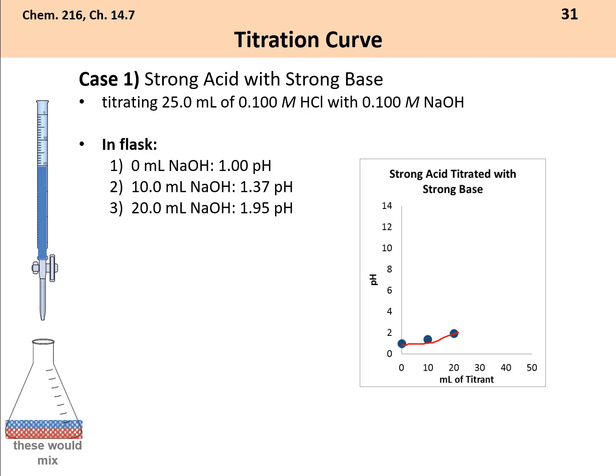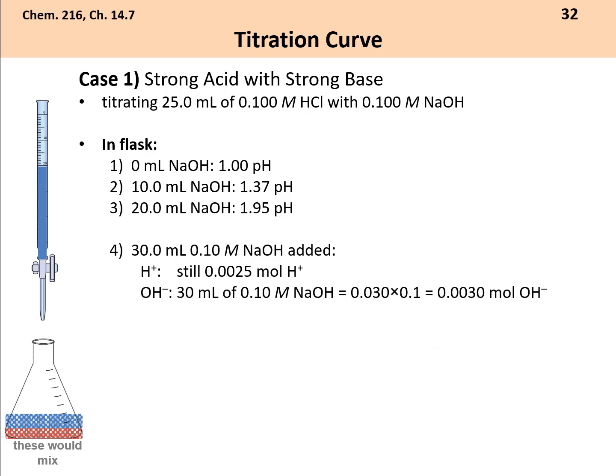Notice it's increasing. Why is it increasing? It's increasing because at each step I get more and more OH-. Let's do this one step further. Let's say now I get to the point where I have 30 mLs of my 0.1 molar NaOH. Now, I still have 0.0025 moles H+, but now I have 0.0030 moles OH-.